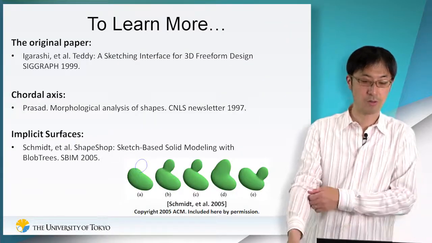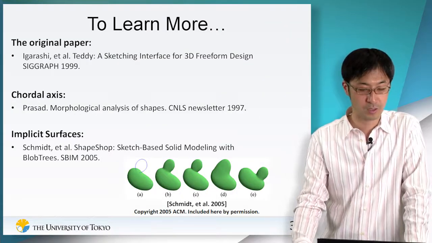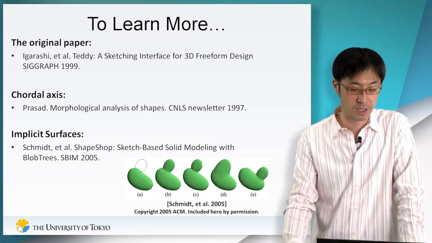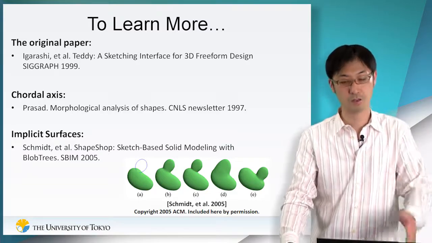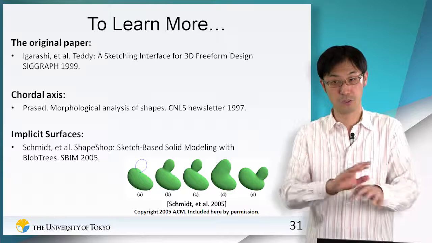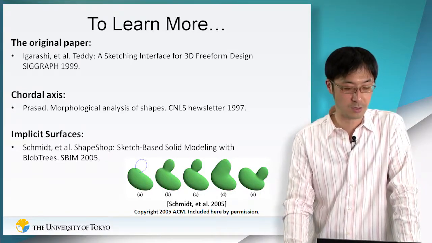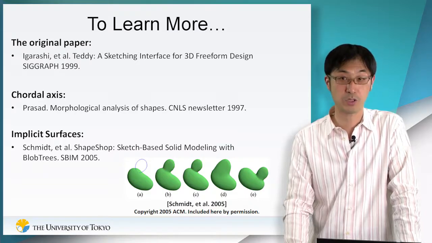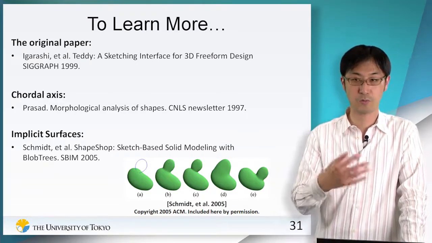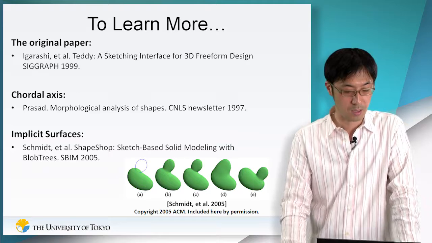Okay, so to learn more, first I recommend you take a look at the original paper. It describes the details of the algorithm, not only creation but also extrusion and cutting. And the technique we used is the medial axis, and it is called morphological analysis of shapes. And this is a very useful tool for analyzing shapes and so on.